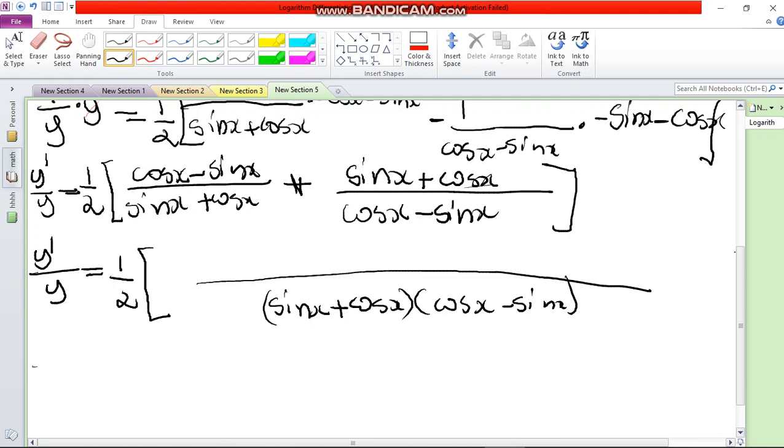I'll be left with cos x minus sin x multiplied by this, which is the same as cos x minus sin x squared. Let's multiply it on this term. This will cancel with this, and then I'll be left with plus sin x plus cos x squared.